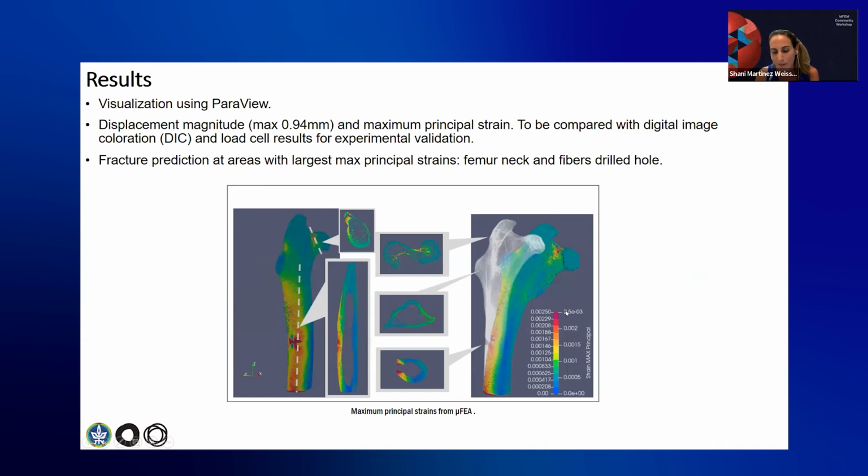You can see here a visualization of the maximum principal strain, where high values at the femur's neck and around the surrounding of the hole may predict fracture.